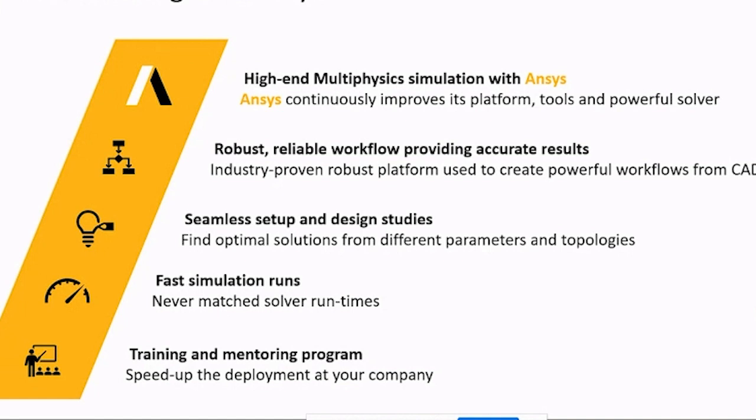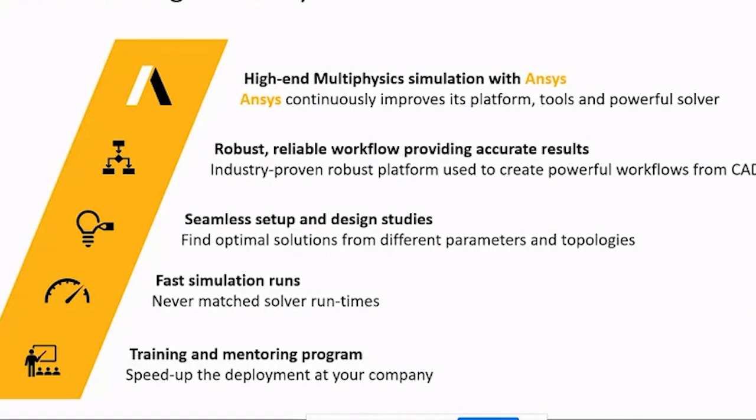Then we have a best-in-class solver, which is robust, and then we have a reliable workflow, seamless data connectivity, like you can connect and share information from multiple systems, and then simulation. As mentioned, we have the best solvers. With this, you can scale up your simulation. You can increase your model size.